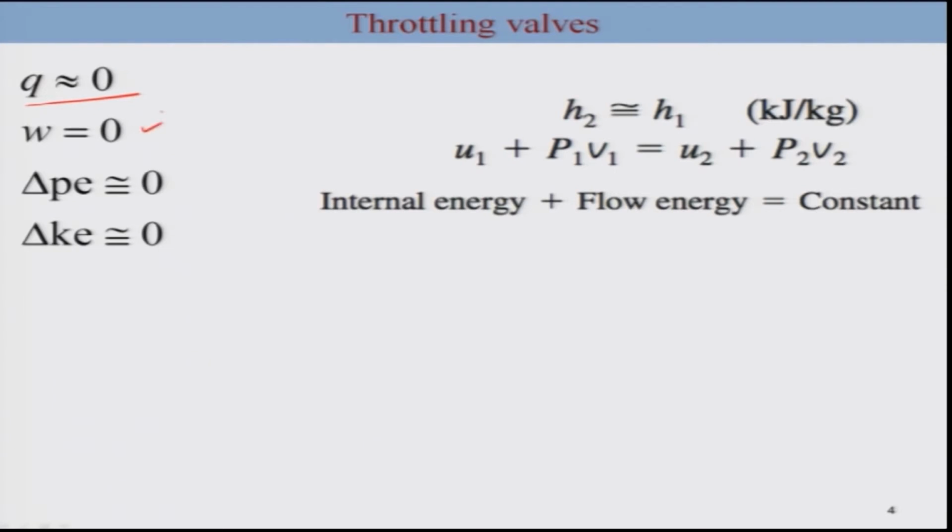The work would also be 0, as well as the change in potential energy and kinetic energy. Thus m dot h inlet should be the same as m dot h outlet, and considering that m dot is the same for inlet and outlet, you have for the throttling valve a simple constant enthalpy process.